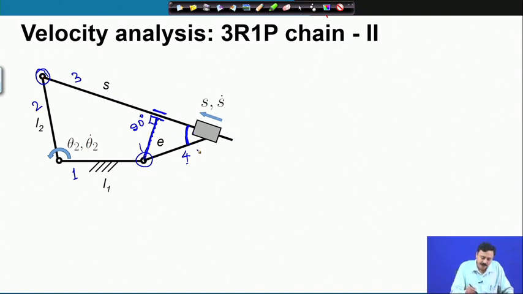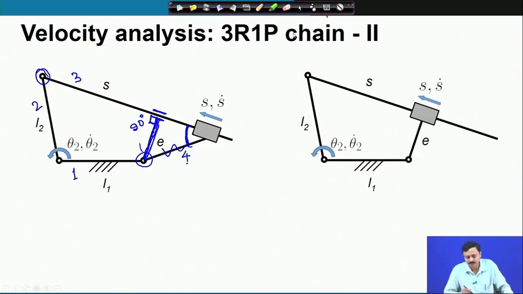So, 3 and 4 are connected by the prismatic pair, and these two revolute pairs are at the ends of link 4 and link 3. So, this perpendicular distance is the offset. So, therefore, rather than having this, I can join these two at 90 degree and hence obtain a chain like this, which is equivalent. These two are equivalent.